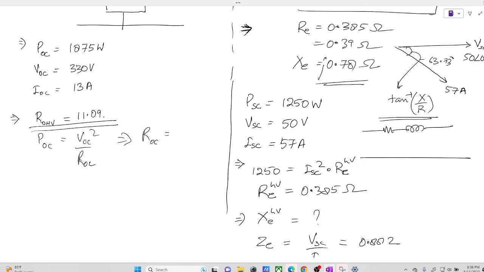Sorry, sir, I am getting 15 point something. I made a mistake, sir. This ROC is from the low voltage side, but we want ROC HV, so we need to just multiply with the square of the turns ratio.